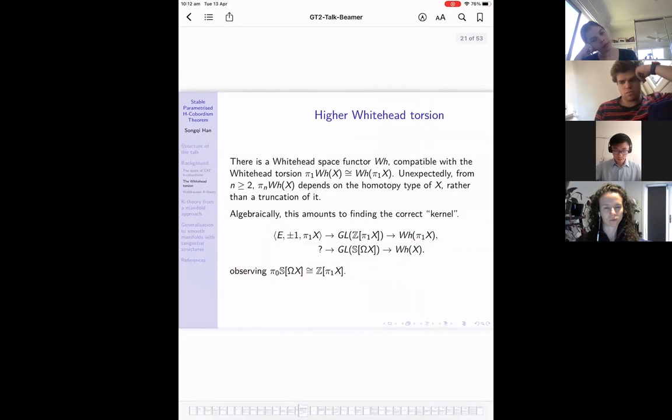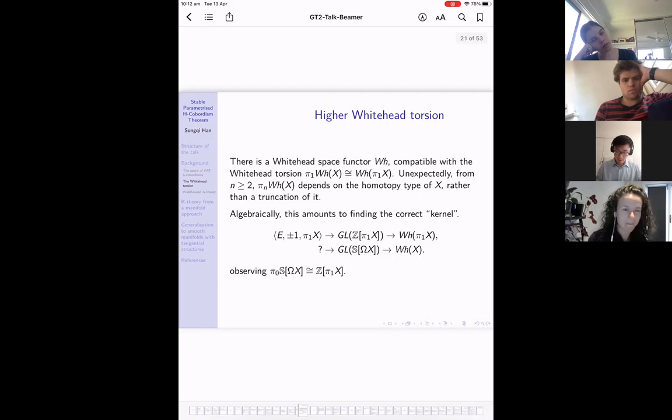If we look at this problem from an algebraic point of view, this amounts to finding the correct kernel. We've seen in the previous slides that the Whitehead group is the quotient of the general linear group by the subgroup generated by the elementary matrices, plus or minus 1, and the diagonal matrices generated by the group itself.